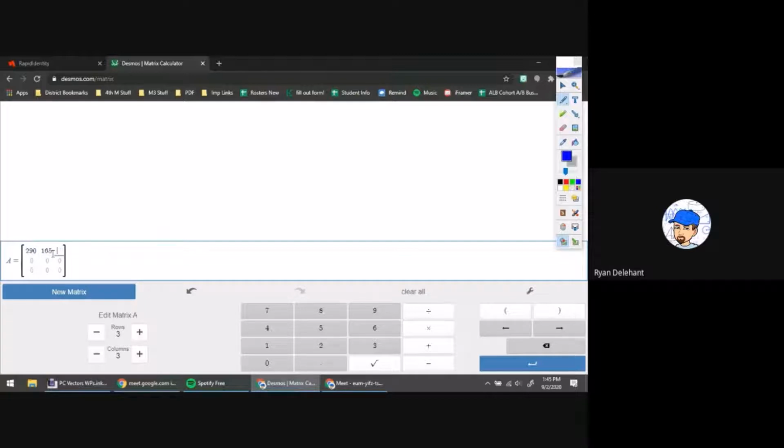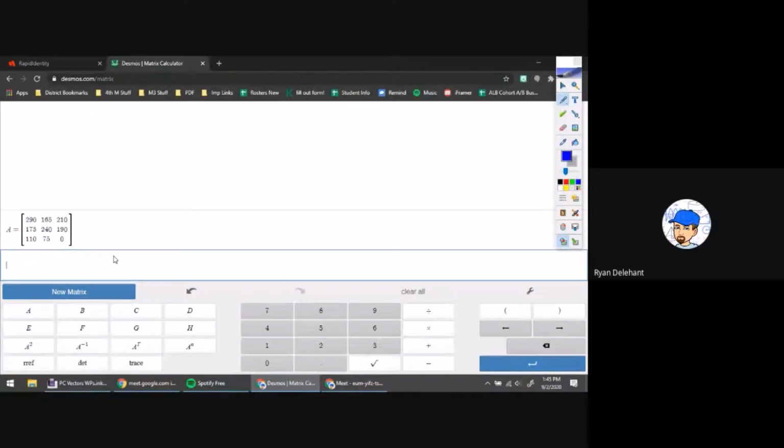You can use the arrow key to go to new stuff. And that one was our inventory, right? So I'm going to enter the inventory in there, and I'm going to hit enter. Now it knows what matrix A is.